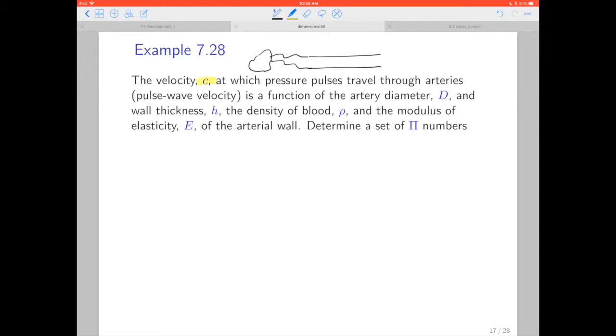Okay, this is like a wave, and we are supposing that this is going to be a function of the artery diameter, the wall thickness, the density of the blood, and the modulus of elasticity of the artery, so the artery is something elastic, not a very rigid pipe.